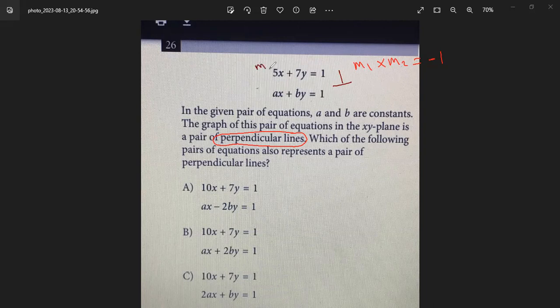Say this is m1 for straight line 1 and this is m2 for straight line 2. I will solve it here on the right. m1 for L1 equals negative 5. This is our rule in general.